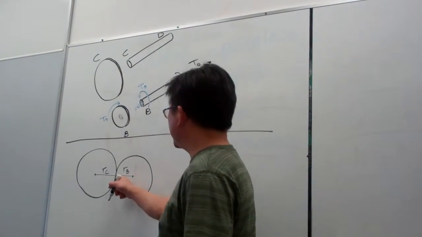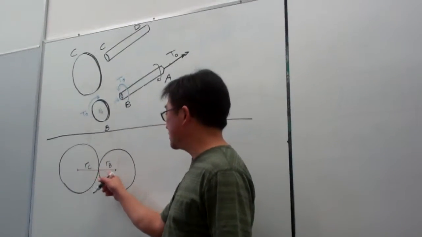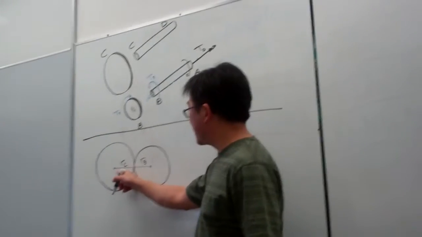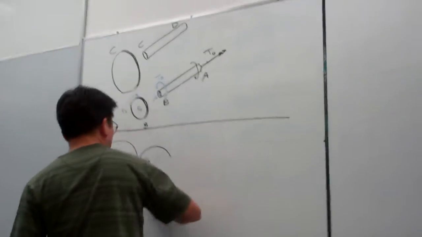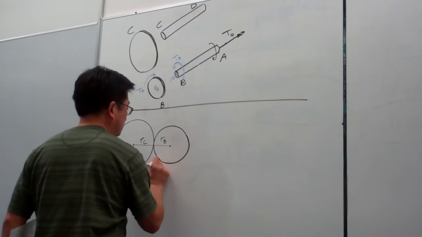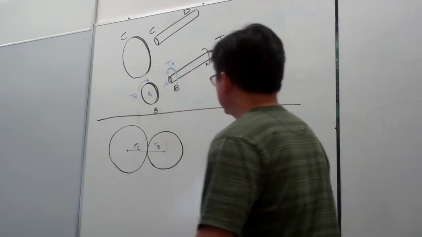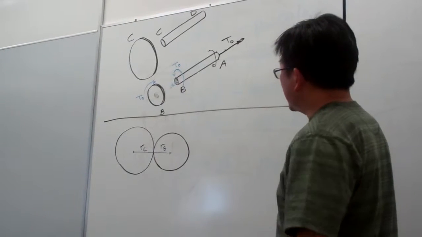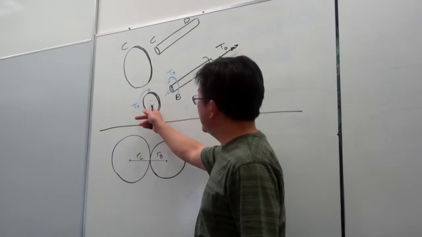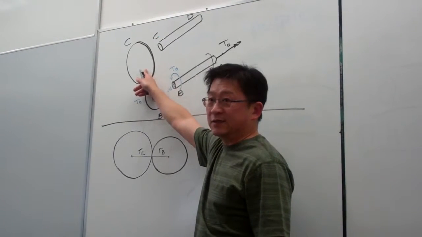Okay, they have a different size. They are different in size. So the radius for this illustration, RB is less than RC. So let me draw that. Okay, now here the RB and RC, that is the gears to mimic the one we exercise here.